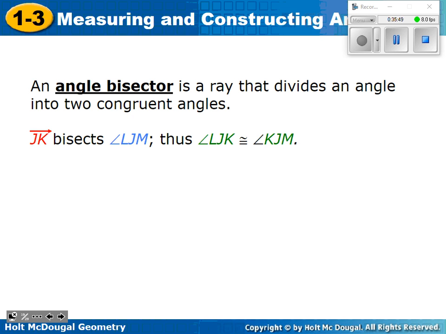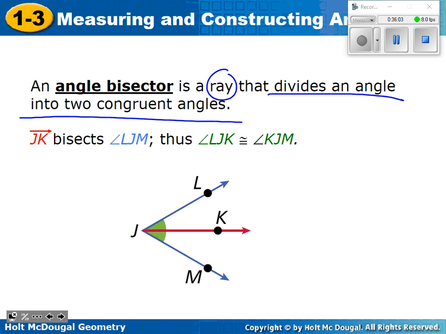The same idea of a midpoint or bisecting is the angle bisector. An angle bisector is simply a ray that divides an angle into 2 congruent angles. So if you have a picture of an angle, a big angle here, LJM, then JK is the ray that is bisecting the angle, meaning this ray is now splitting my angle into 2 congruent parts.